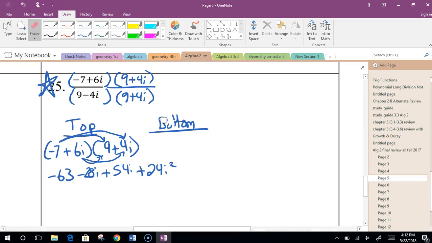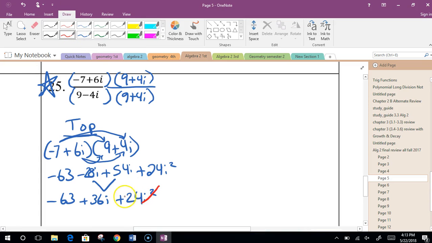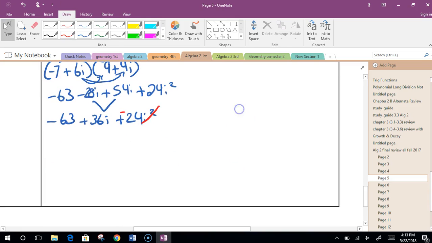So again, I'm going to move this bottom part over. We need to do two things. We need to combine like terms. So we'll combine those two. So we have negative 63 and negative 28 plus 54 is going to be positive 26i plus 24i squared. The i squared will go away and change the sign of the 24.